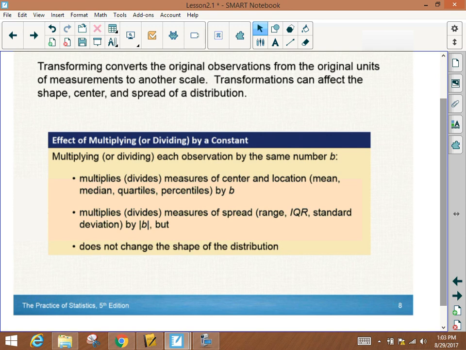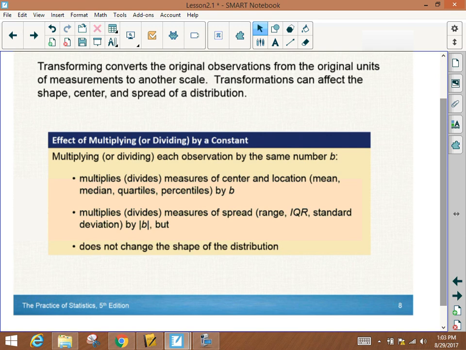All right. If we're going to multiply by a constant, it's going to multiply or divide. I'm going to say multiply, and I'm going to assume that if we're dividing, we're talking about multiplying by a number between 0 and 1. That's a better way to look at it in this case.